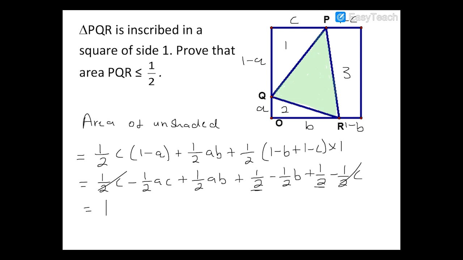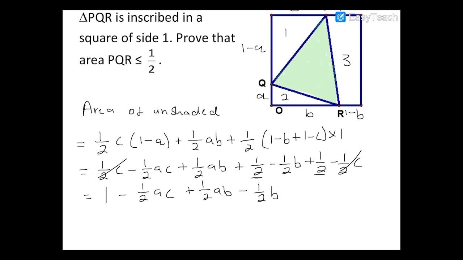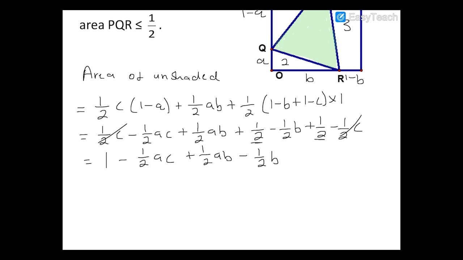Let's just write 1 in the beginning there, minus 1 over 2 AC plus 1 over 2 AB minus 1 over 2 B. Okay, so we can simplify this further if we want to. This is 1 minus a common factor of a half into AC plus AB minus B. So that's the area of the unshaded part.